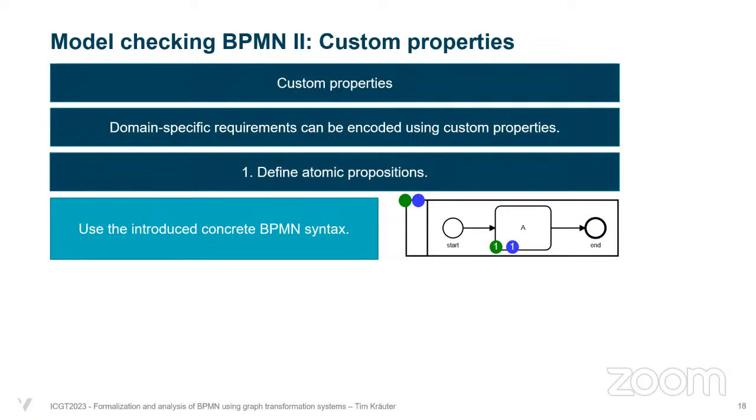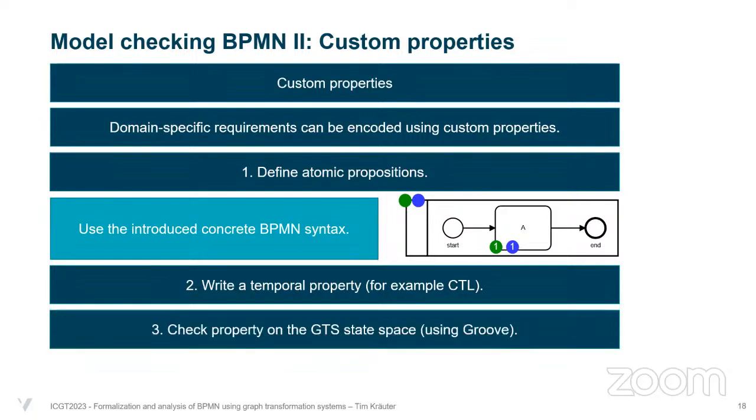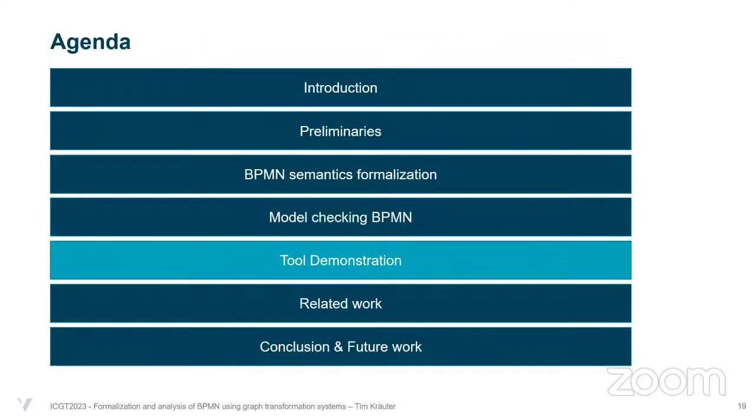You can use the concrete syntax saying, hey, this specific state where we have 2 process snapshots which have a token at this activity, maybe we don't want to reach this. In our domain, maybe this is a manual task, and 2 people working on the same task at the same time will get in conflict, so we don't want this to happen. Depending on the domain, you can come up with examples. Then you need to write a temporal property at the moment, for example in CTL, to check this property, which is not so nice for a BPMN modeler. So there's still some work involved to make this a bit easier. And then this can be checked again using the Groove tool in the backend.